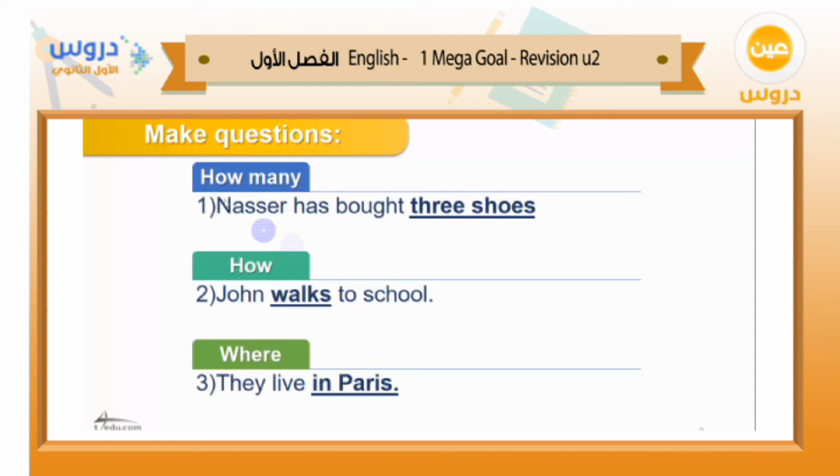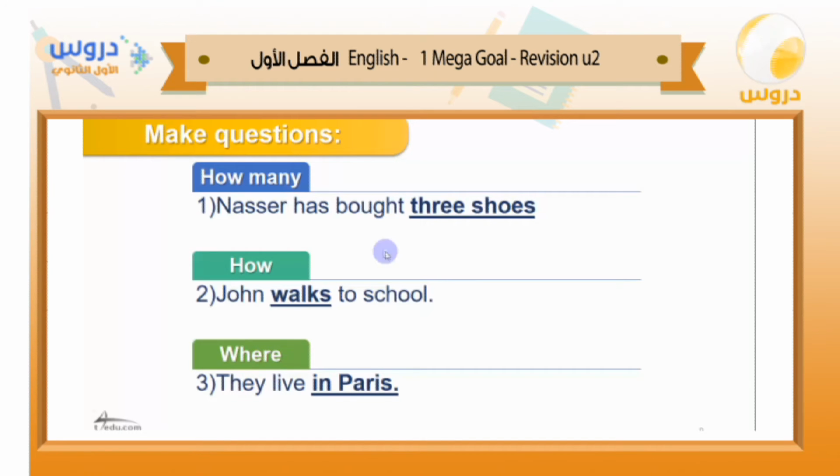All right, in this slide, I need you to make the questions for the following sentences. How many? Nasser has bought 3 shoes. Don't forget the words that are underlined. It should be the answer for the question. How? John walks to school. Where? They live in Paris.